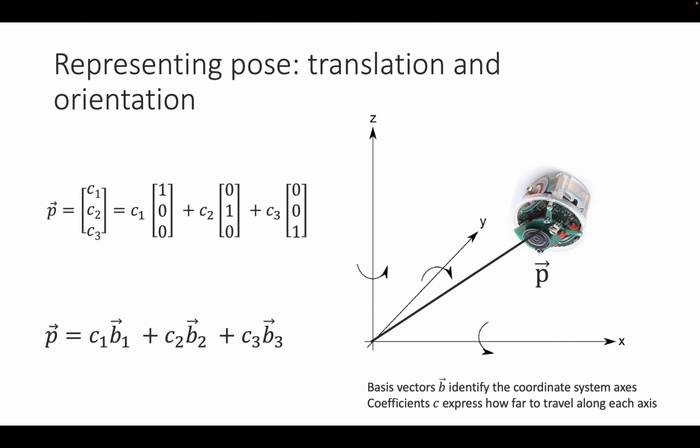When I say a coordinate system, I want you to remember that each point in 3D is actually a linear combination of basis vectors. In the simplest case, the basis vectors are 1, 0, 0 for x, 0, 1, 0 for y, and 0, 0, 1 for z. And each is multiplied with a coefficient, and so together this gives you a vector.